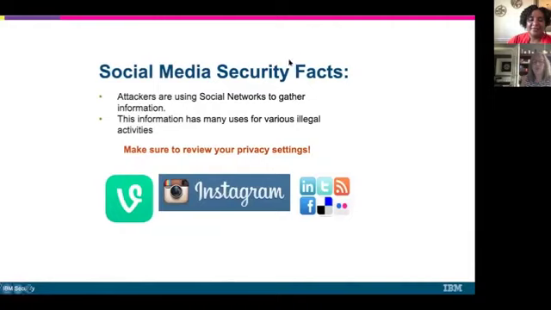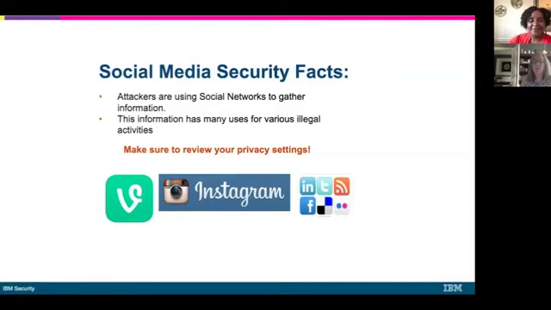So social media. If we were together, I'd say, raise your hand if you're on Facebook. And you'd look at me, ha ha, nobody's on Facebook anymore if you're under 50, but I know you're on other social media. You're on Instagram, you might even tweet, you're on Snapchat.